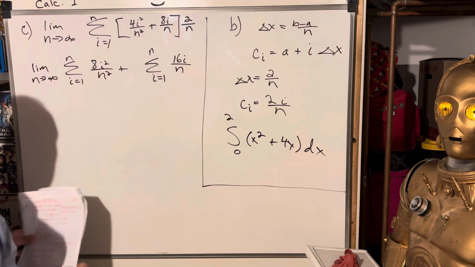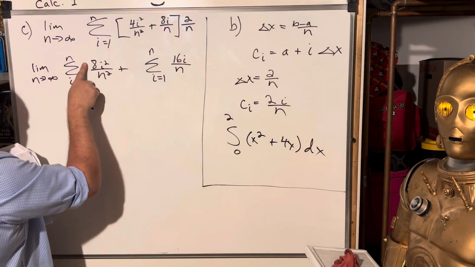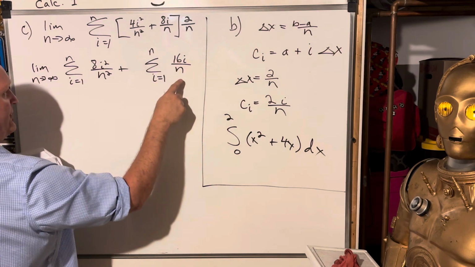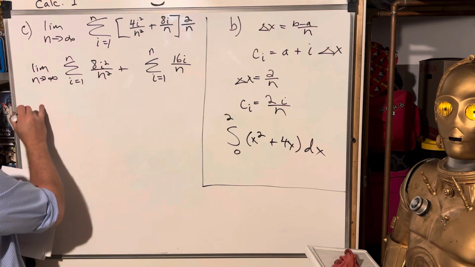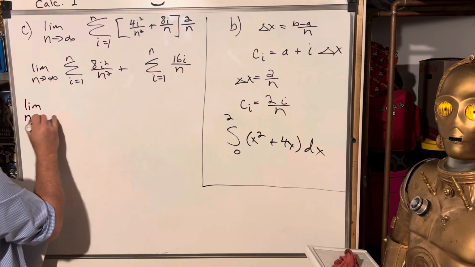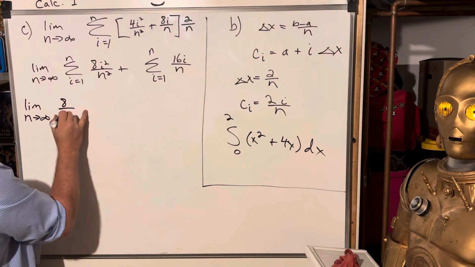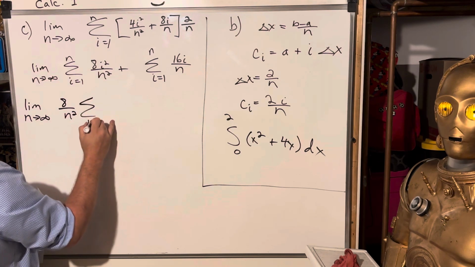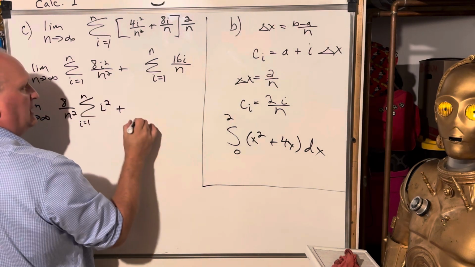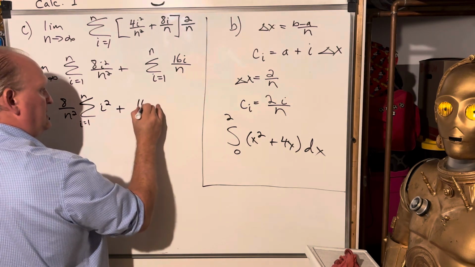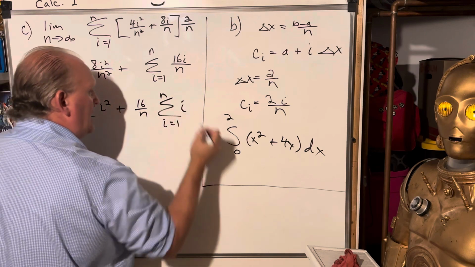Now we want to get rid of, this is considered a constant, 8 over n squared and 16 over n. Those are constants, so let's pull those out in front. I'm going to write the limit over here. We're still working with limits, but this is going to be 8 over n squared, sum from 1 to n of i squared, plus 16 over n, and i goes from 1 to n of just i.